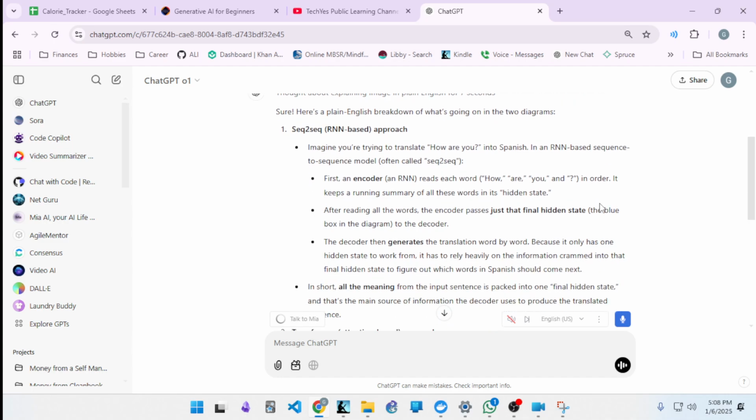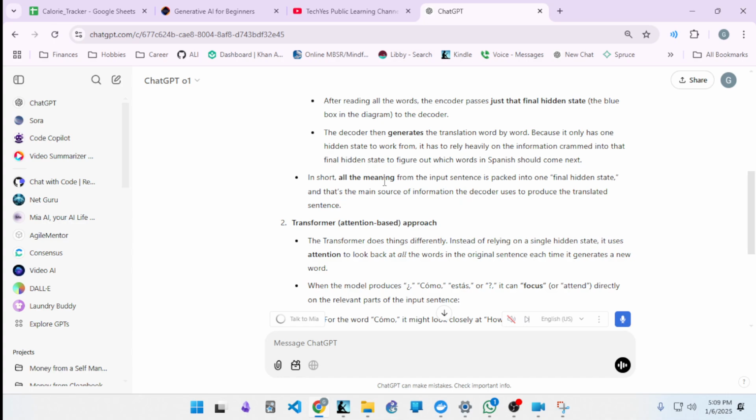After reading all the words, the encoder passes just that final hidden state, the blue box in the diagram, to the decoder. The decoder then generates the translation word by word in sequence. Because it only has one hidden state to work from, it has to rely heavily on the information crammed into that final hidden state to figure out which words in Spanish should come next. Oh, that's interesting.